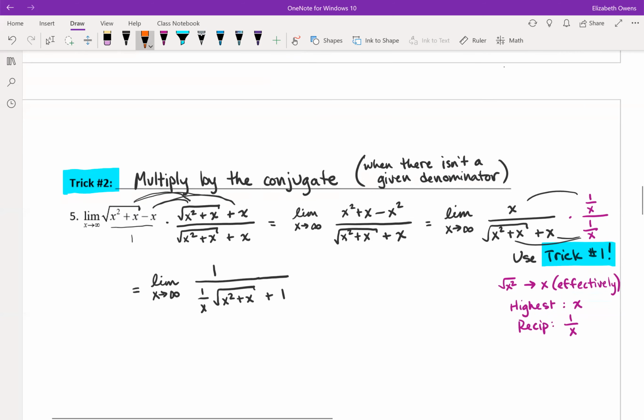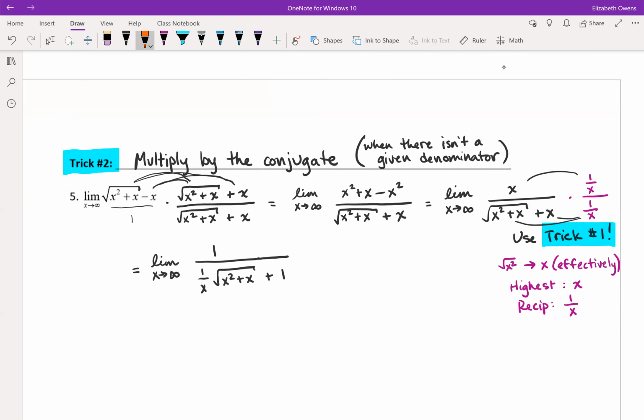So you can see we're back to the old tricks here. This 1 over x is sitting next to a square root, so we need to write it in a compatible way. 1 over x as a square root would be the square root of 1 over x squared. And so we're going to rewrite: limit as x approaches infinity, square root of 1 over x squared times square root of x squared plus x, plus 1.